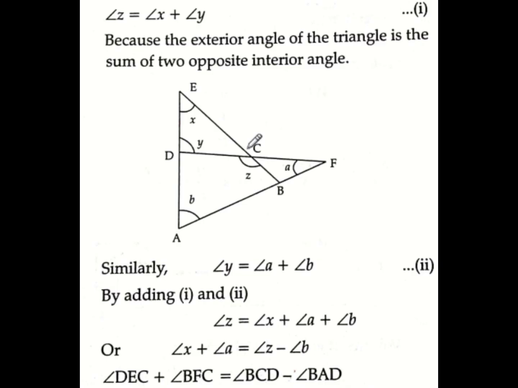Actually, this will be angle Z, right? If you check the exterior angle, this is actually the exterior angle since it is vertically opposite. I can write this here also.